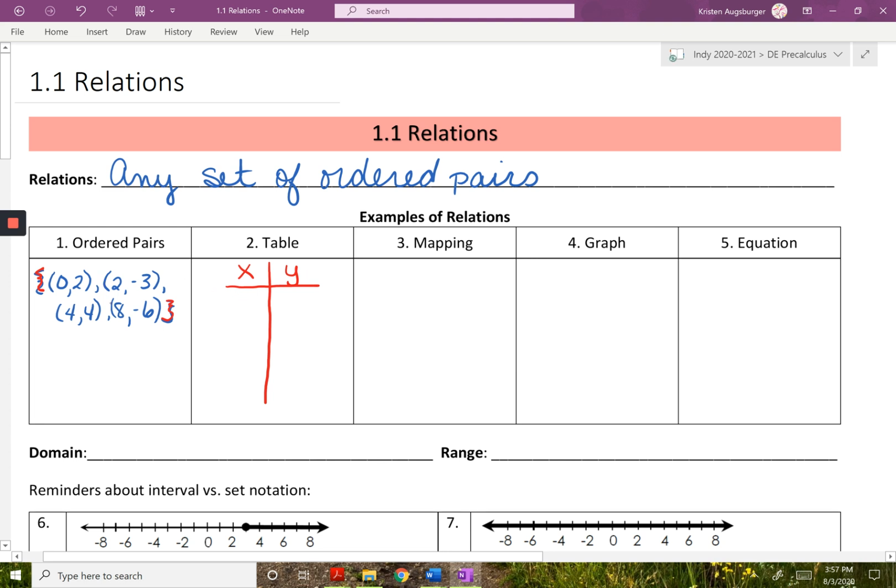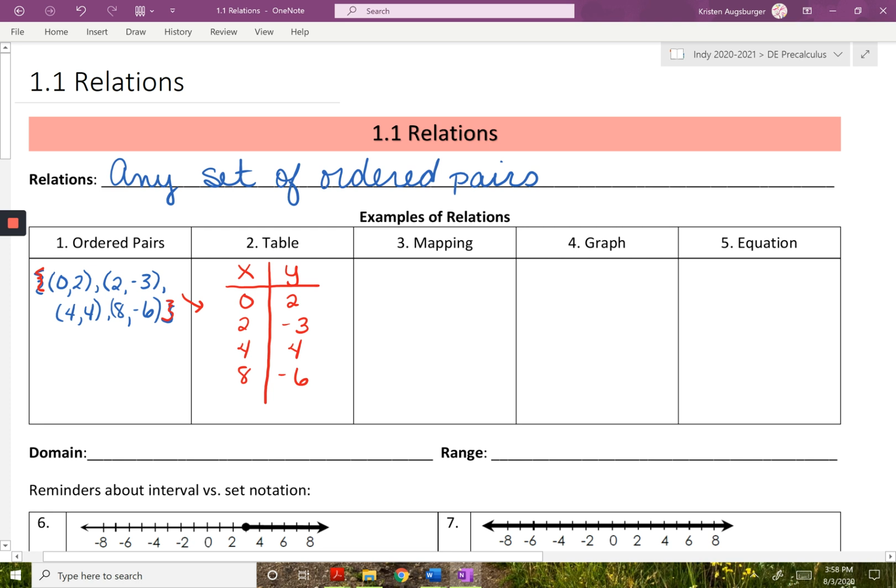So if I take these same ordered pairs, I could think about that as 0 pairs with 2, 2 pairs with -3, 4 pairs with 4, 8 pairs with -6. It is just another way of writing that same thing.